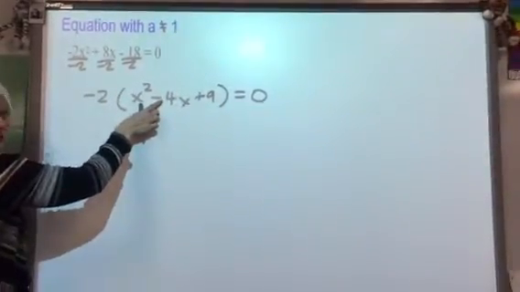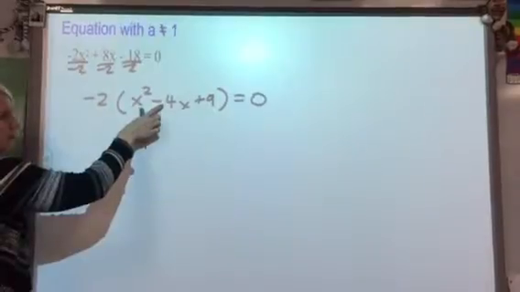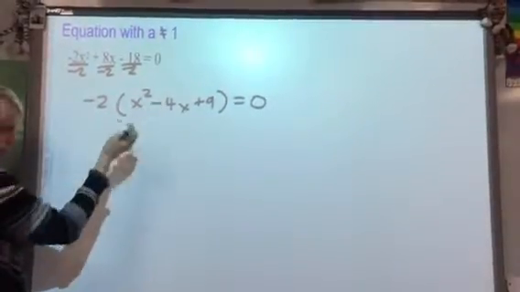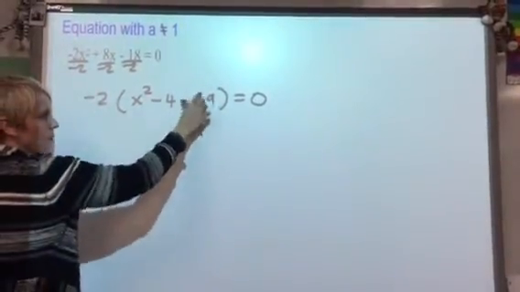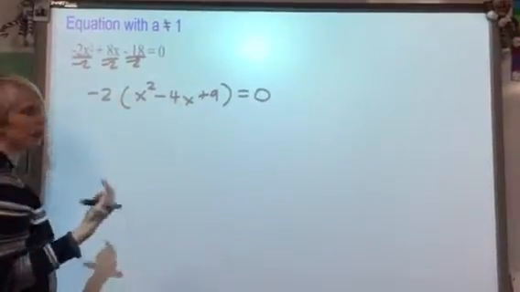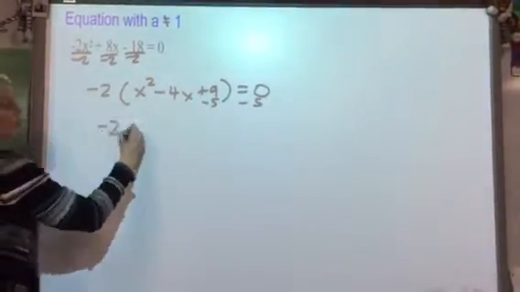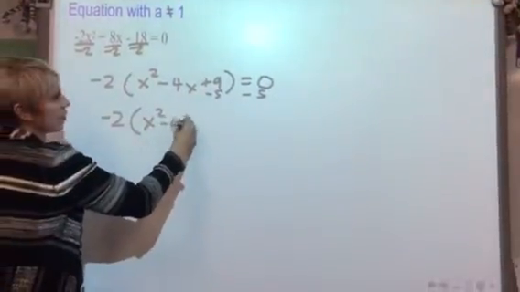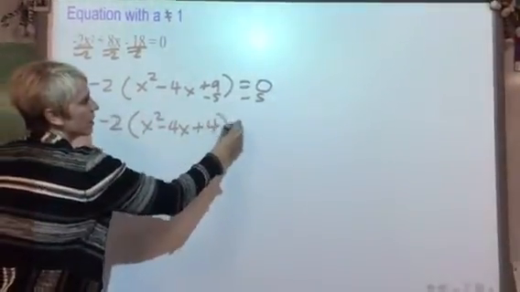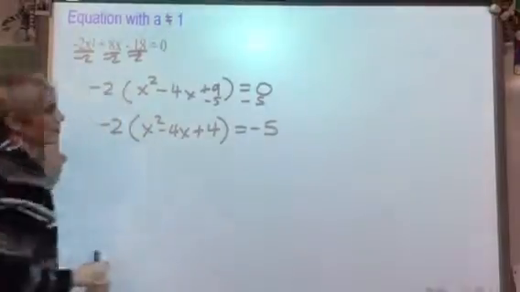So now we want to make this inside a perfect square trinomial. So this is half of negative 4, so that'd be negative 2 squared. I want to make this a 4. And I can do that by subtracting 5. So I have negative 2 parenthesis x squared minus 4x plus 4 equals negative 5.